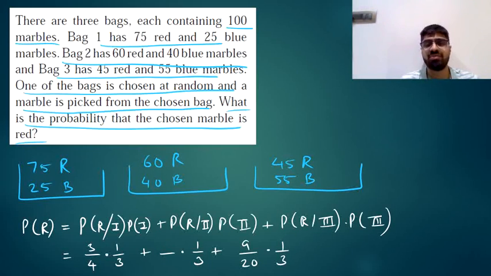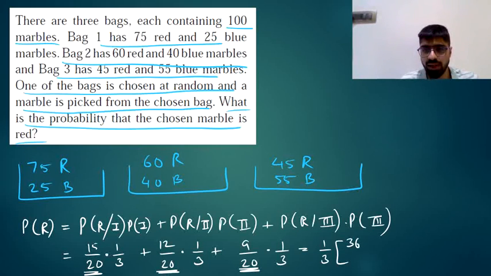So 3 by 5 being written as 12 by 20 and 3 by 4 being written as 15 by 20. 1 by 3 can come out common. 15 plus 12 plus 9, that's 36 upon 20. 3 and 36 get cancelled, giving you 12. 12 upon 20 will be 3 by 5. And that's the final answer for your first question.